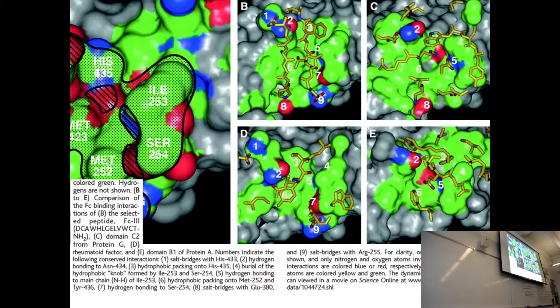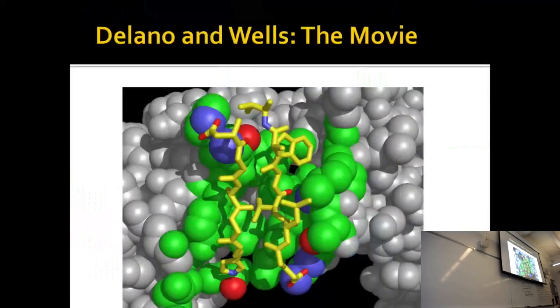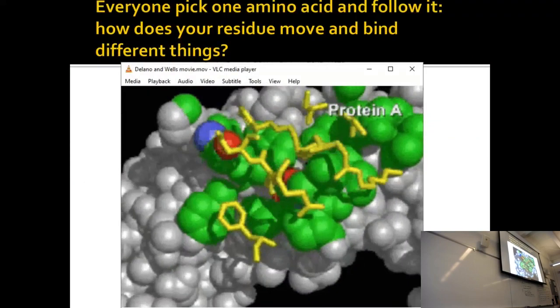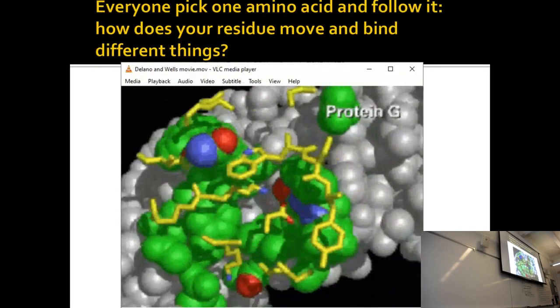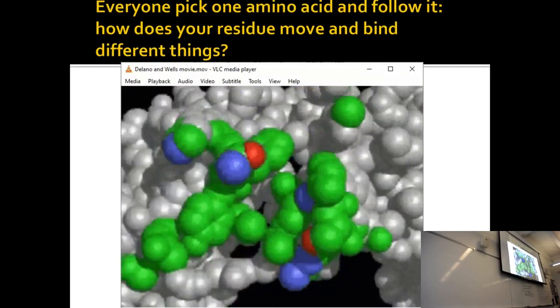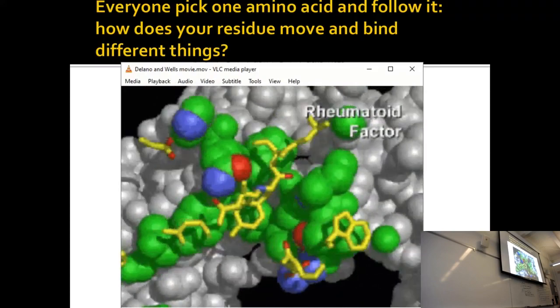So why don't you take the northeast corner here, and you see how at the bottom here you have the whole south side. So why don't you take that one? And I want you to watch your region and see how things change as you go from protein A, and then protein G, so this corner, that corner, and then the south side down here.